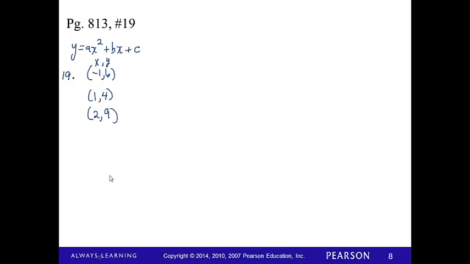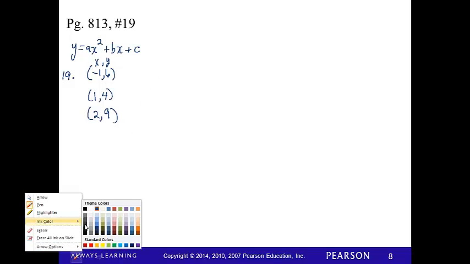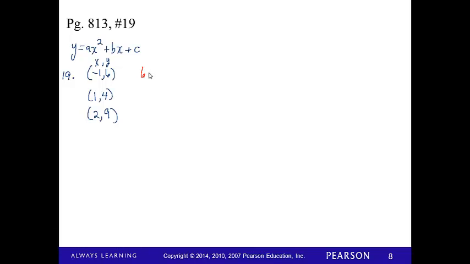So for the first equation, we end up with 6 equals a times negative 1 squared plus b times negative 1 plus c. Clean it up and you should have 6 equals a minus b plus c. Input the x and the y for the second and you get 4 equals a times 1 squared plus b times 1 plus c.